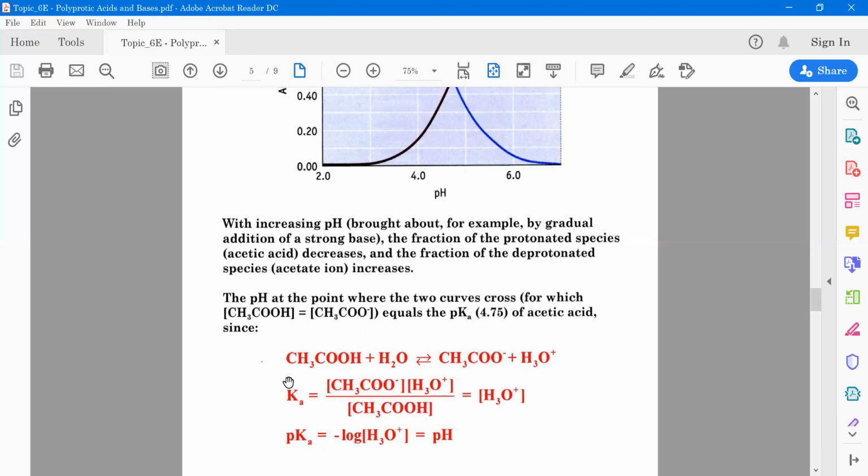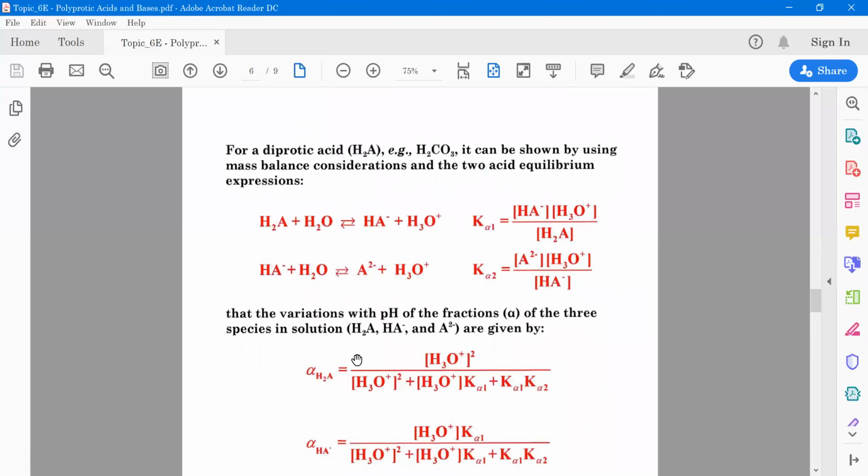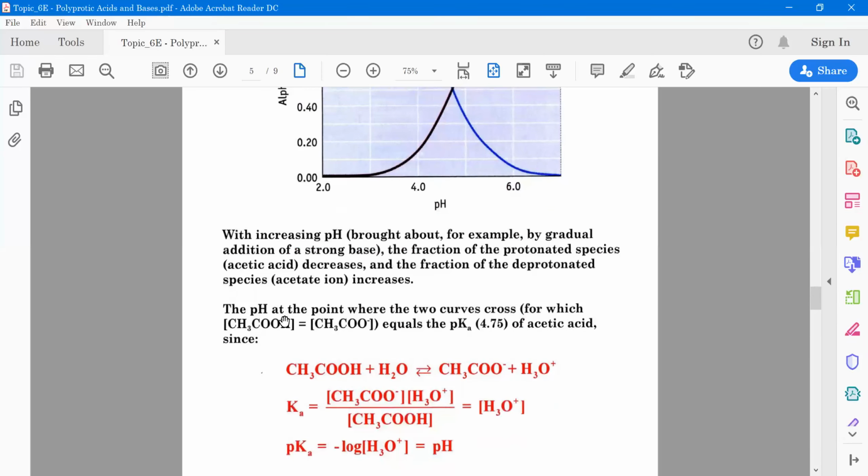And so the Ka at that point equals the hydronium ion concentration, and the pH at that point is minus the log of the hydronium ion concentration. So at the point where the 2 curves cross, that pH, which on here looks like it's around 4.7 or so, is the pKa of acetic acid. And there it is. That's why it turns out that way.